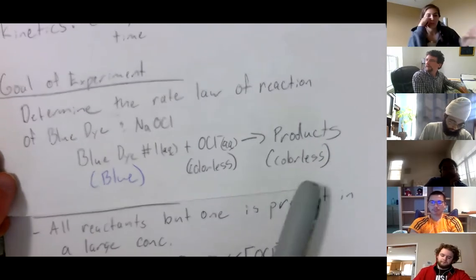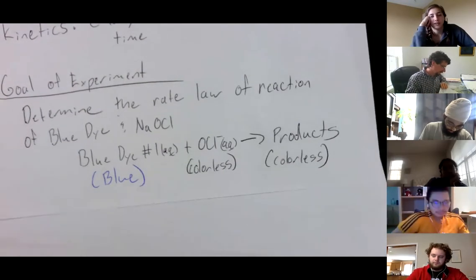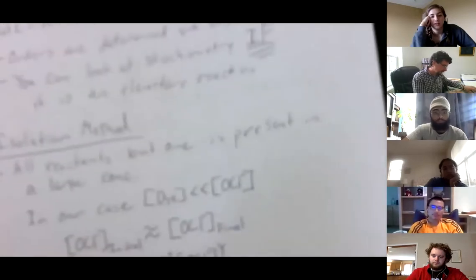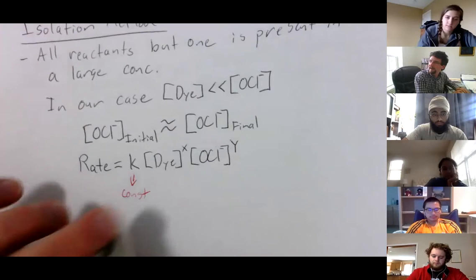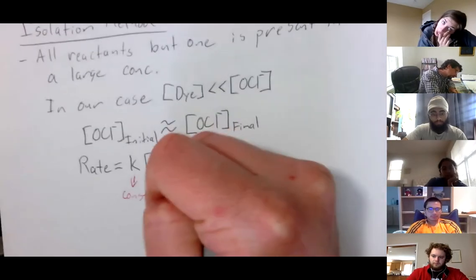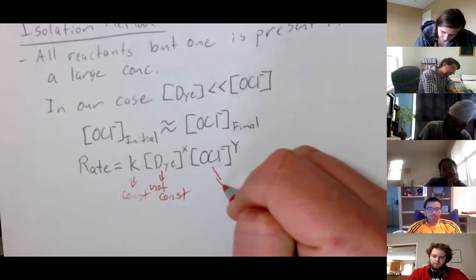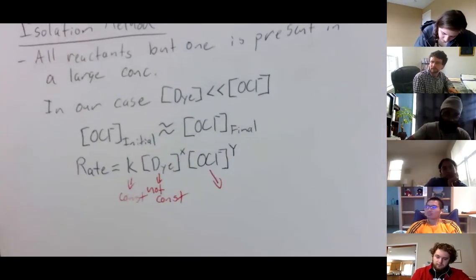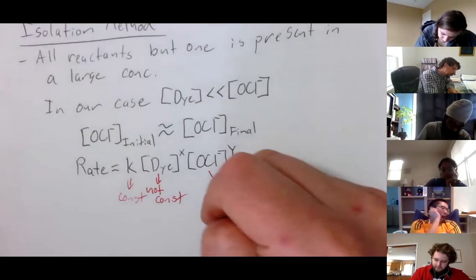So how do we know the reaction is done or is complete? Oh, if it's colorless. Yep. So is this concentration of the dye going to remain constant? No, right. So not constant. What about this guy? Yeah, we can approximate it to be constant.